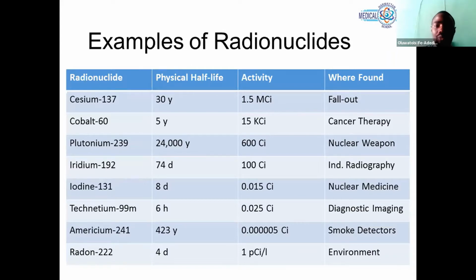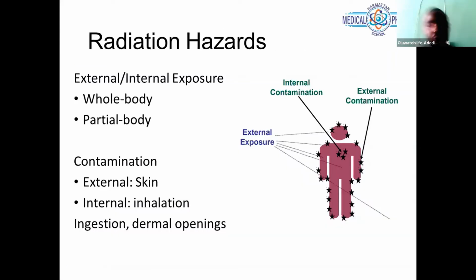So what are radiation hazards? Radiation hazards could be external or internal, and at the same time, they could be whole body or partial. So it depends on how an individual is exposed to radiation. The hazards could affect the whole body, and it could just affect some organs. And then contamination could occur through skin or through inhalation.